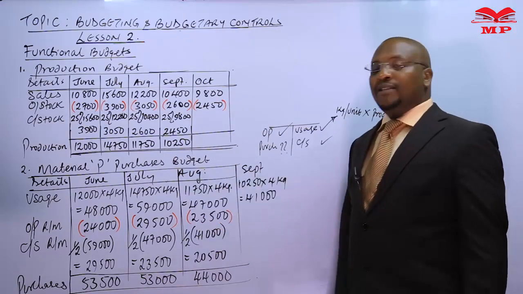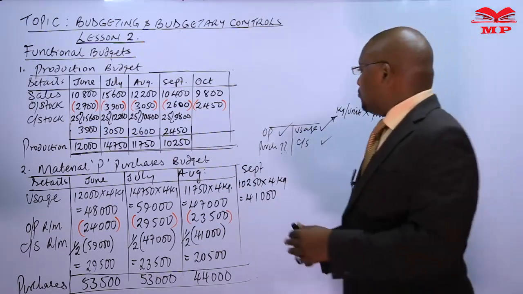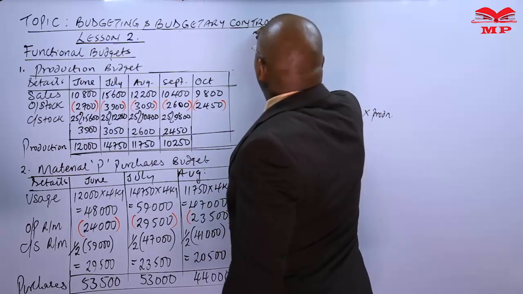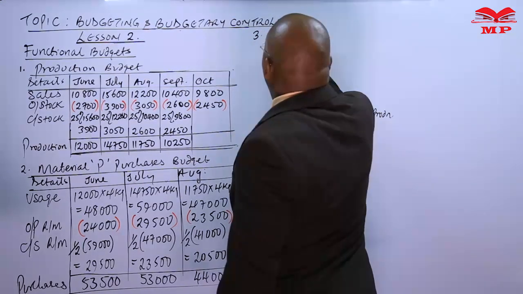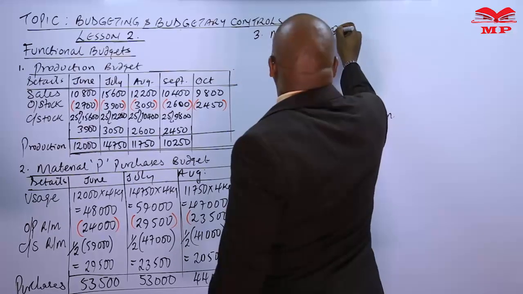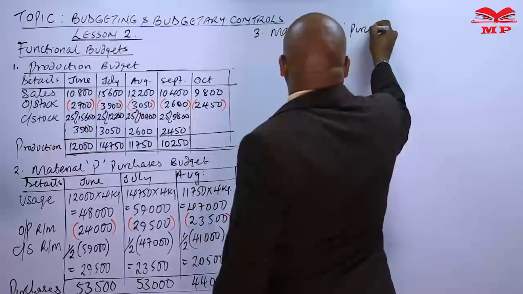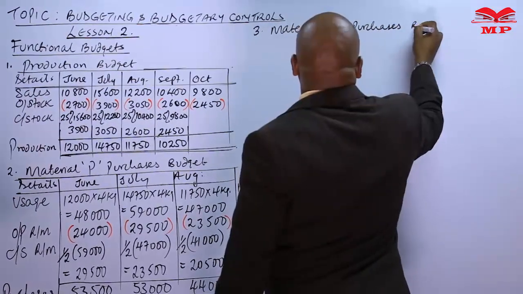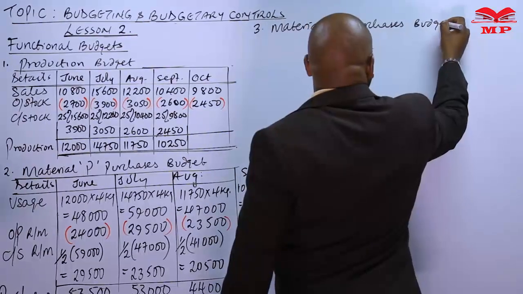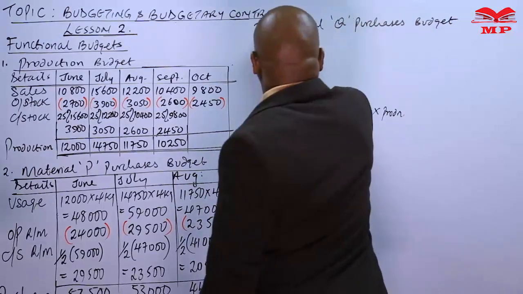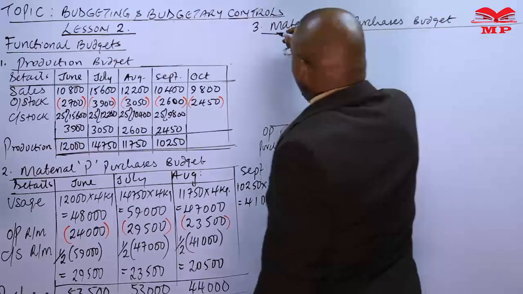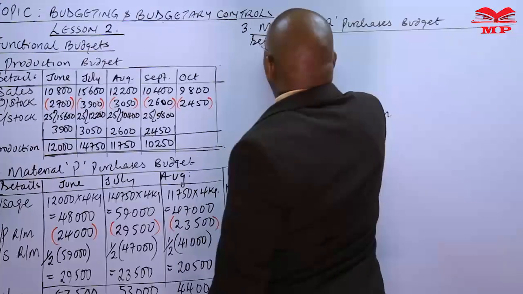We do the same thing, but now for material Q. So you can have here, number 3, this is material Q purchases budget. So you have the details.